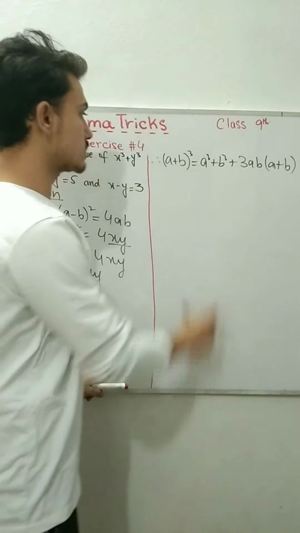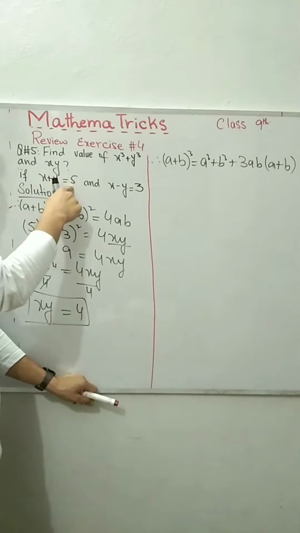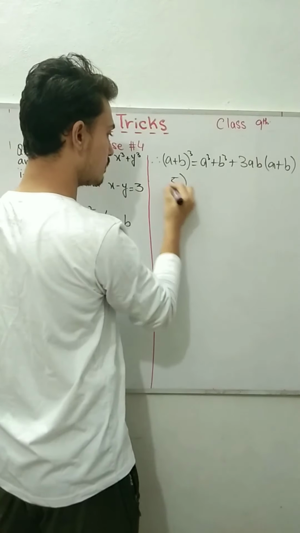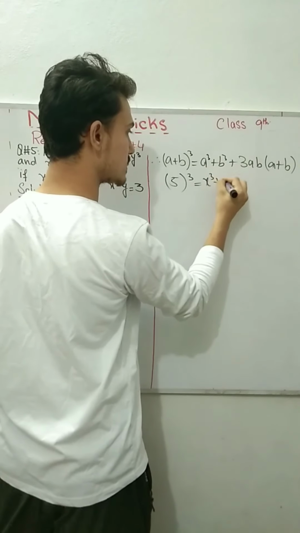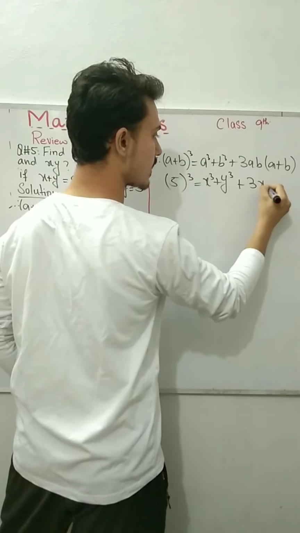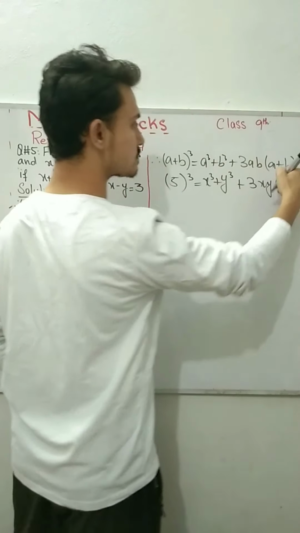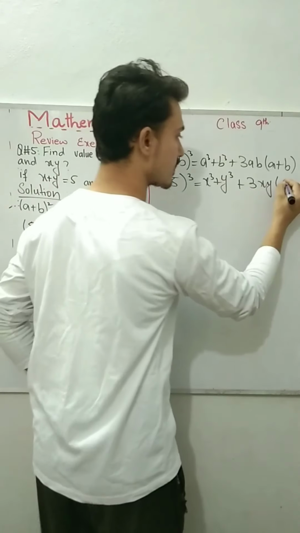Do you have x plus y given? Yes, it is equal to 5. So 5 cube is equal to x cube plus y cube plus 3xy into (x plus y). x plus y is again 5.